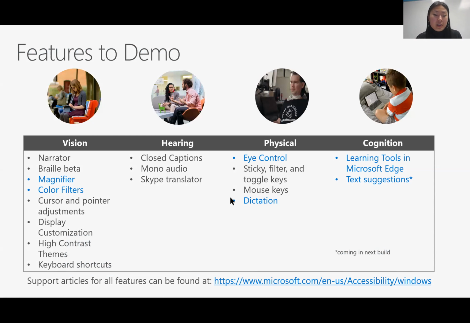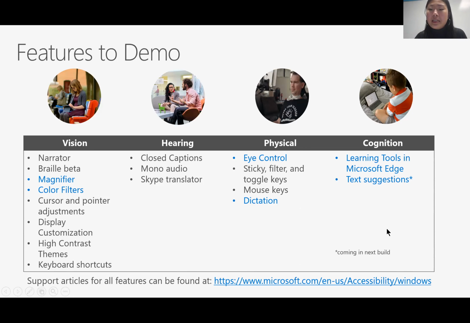Some of the features I'm going to demo today are the ones that are highlighted in blue. I'm going to demo Magnifier and color filters for vision. I'm going to demonstrate Eye Control under physical, as well as dictation. And dictation is also a feature that I think goes into this cognition bucket, where there's a lot of people that could benefit from it.